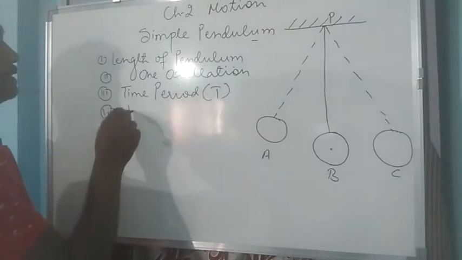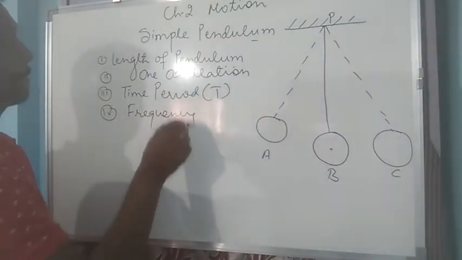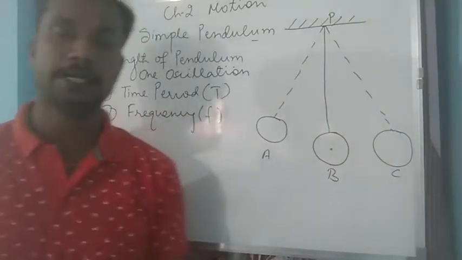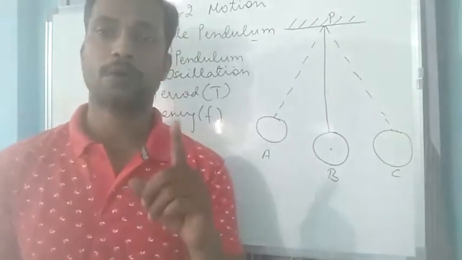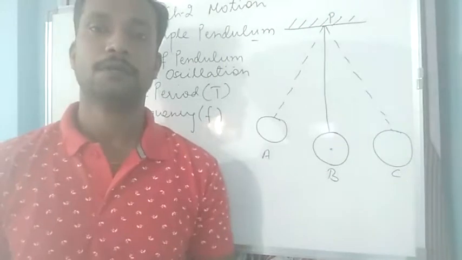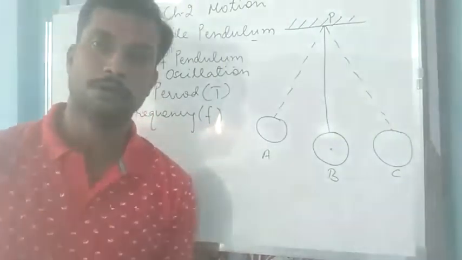Then we have frequency, denoted by small f. Frequency is the number of oscillations made by a pendulum in 1 second. That means how many complete oscillations it makes in 1 second, that number is called frequency.